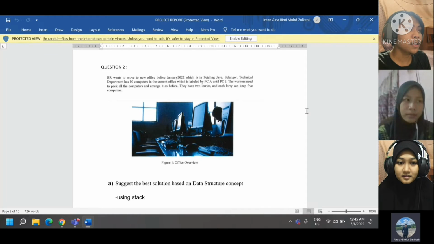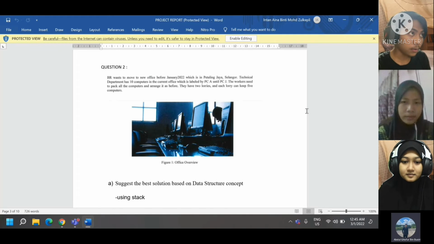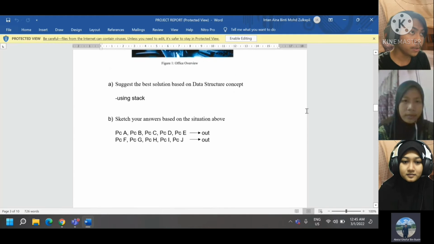They have 2 lorries and each lorry can keep 5 computers. Question A, suggest the best solution based on data structure concept. In my opinion, using the stack concept is the best. Question B, get your answer based on the situation above.